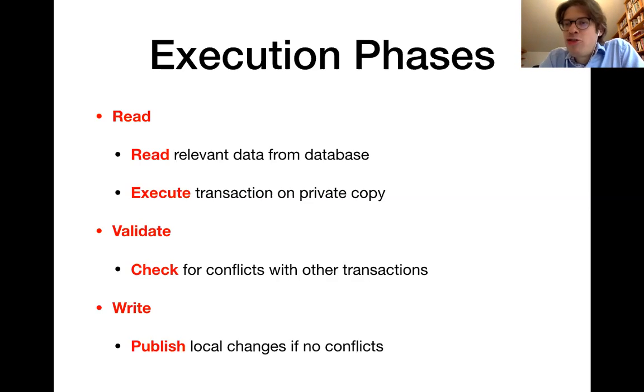Now, before we can actually publish the things that have changed in the private copy of the data, we first have to validate in order to ensure that no conflicts have happened. During the validation phase, I'm essentially checking whether any other transactions have accessed the same objects that the transaction being validated was working on.